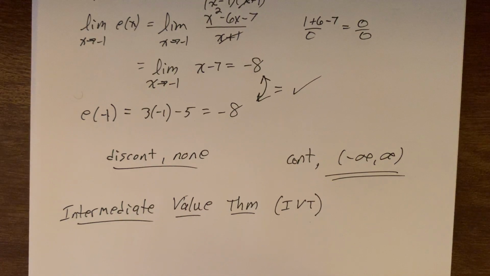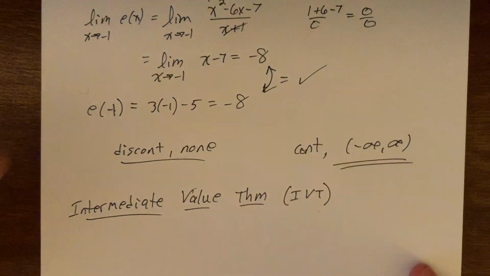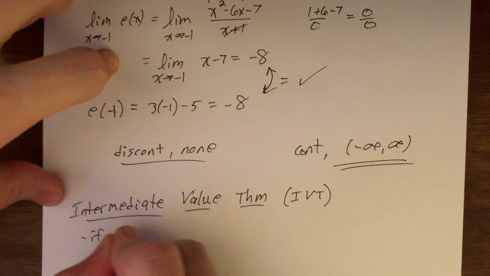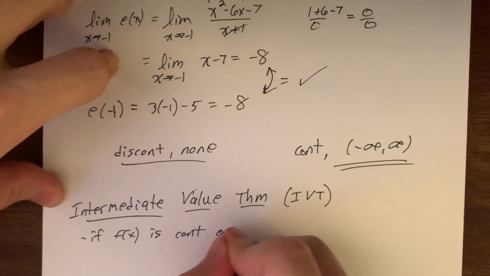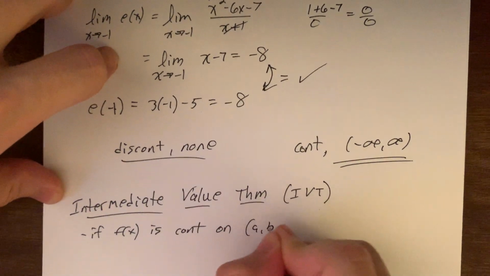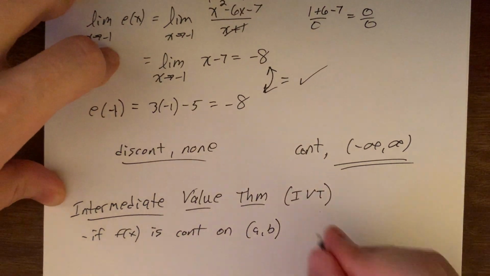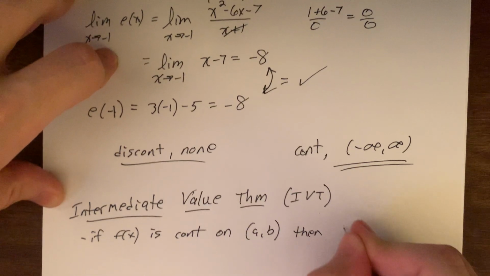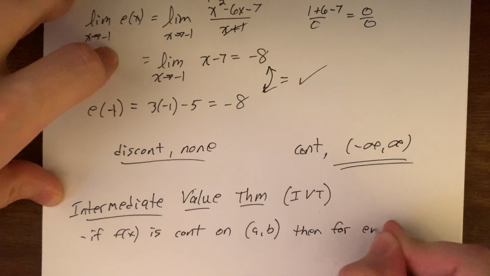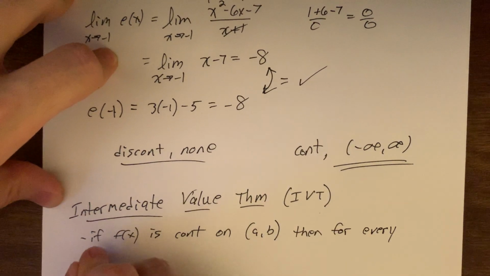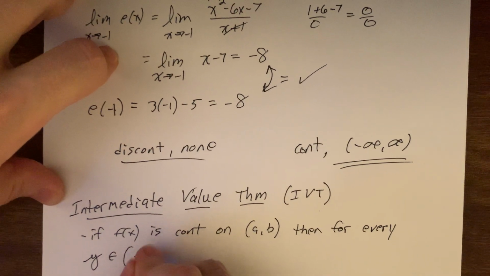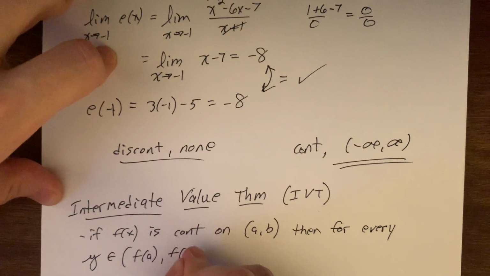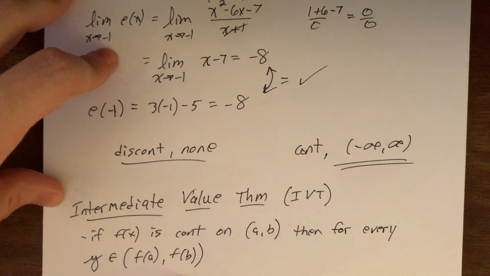So what the intermediate value theorem says, first the statement. If my function f of x is continuous on an interval a to b, then for every y value, which is an element between f of a and f of b, I'm being a little informal in my notation.